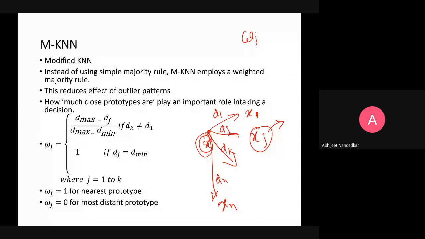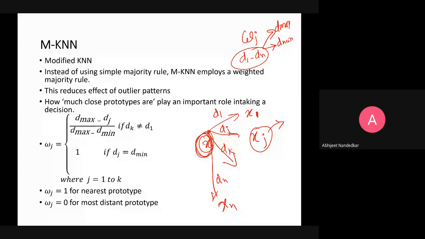Now what we have to do is first find out the distance of this test sample with everybody. So we have n distances from d1 to dn. Out of that, first find the maximum distance and minimum distance.